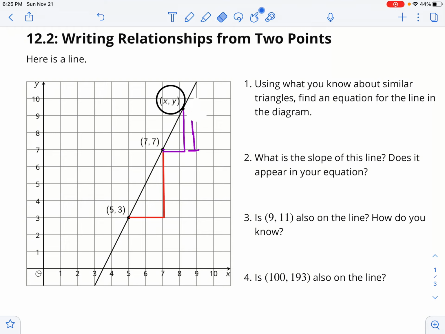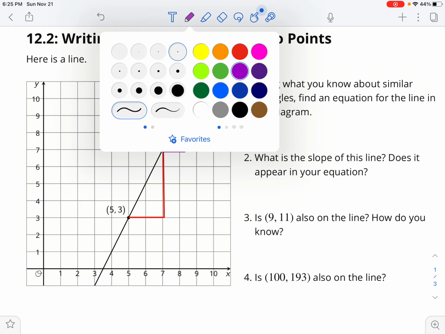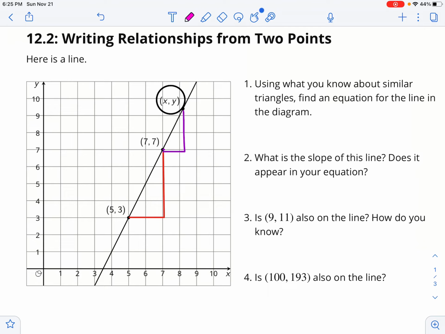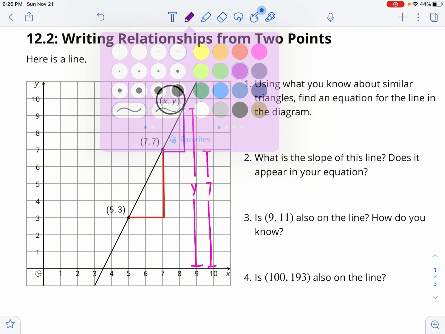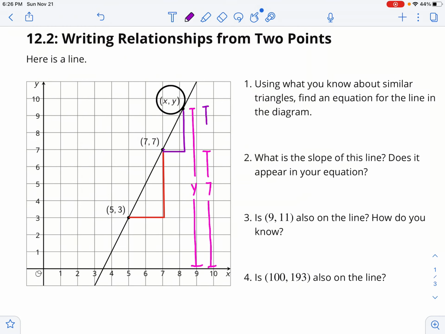The reason is because the distance y, from here to here, take away these 7 units, is this small piece, and I'll draw that in purple so it's clear that this is the height of the triangle. So this purple distance is y take away 7.